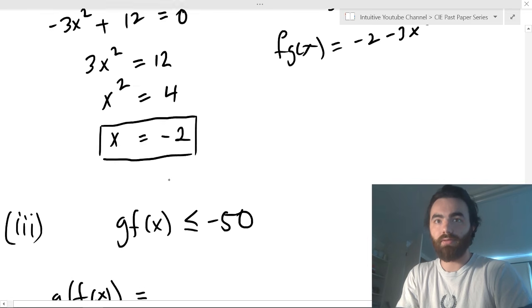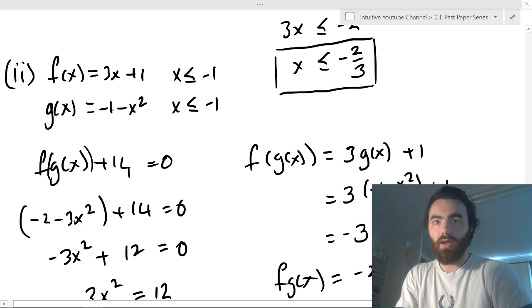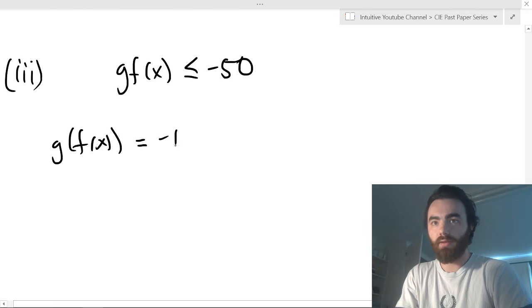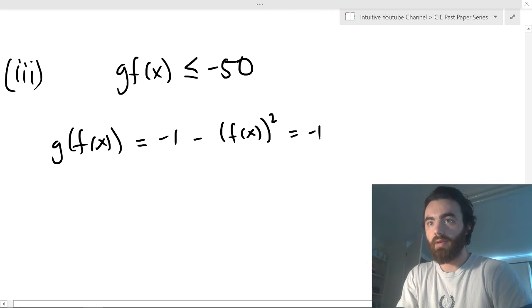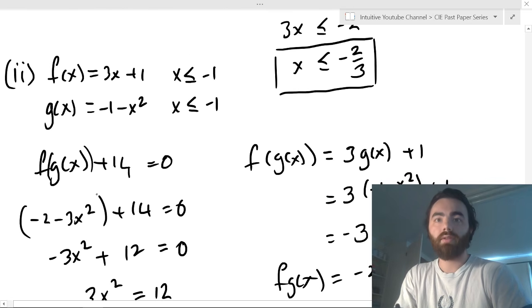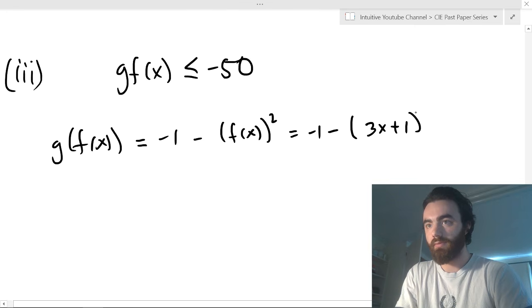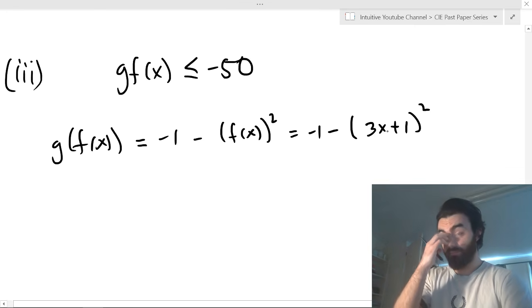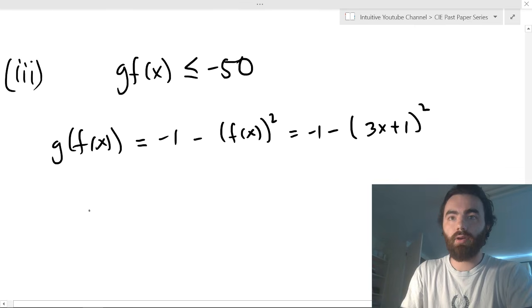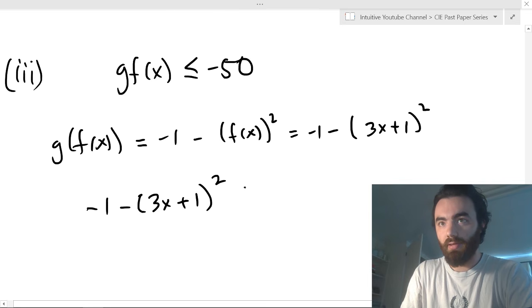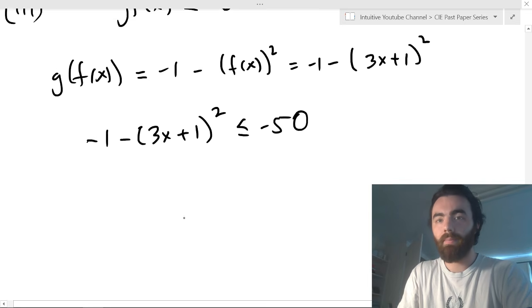And that just equals minus 1 minus f of x squared, which equals minus 1 minus 3x plus 1 squared. Okay, and we want to know where this is less than or equal to -50.